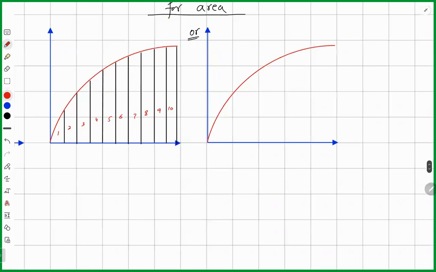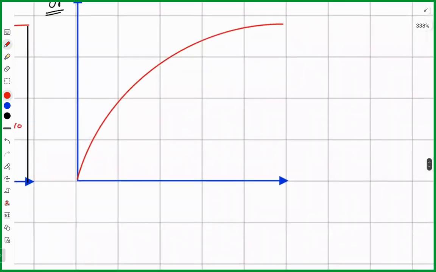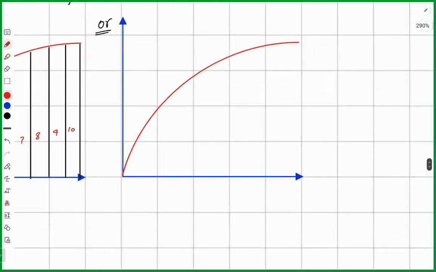Or what we can do is we can split it into a rectangle.